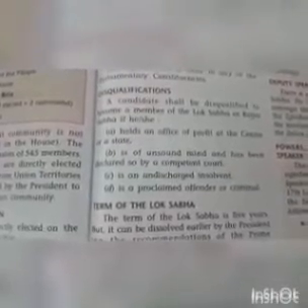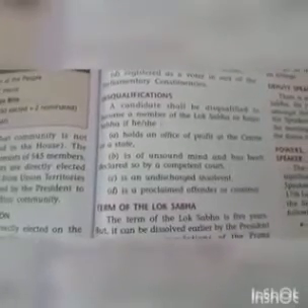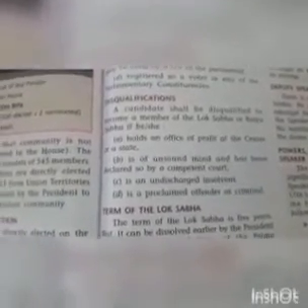And if he or she is a proclaimed offender or criminal, right? So these are the circumstances under which the candidate can be disqualified to become a member of Lok Sabha or Rajya Sabha. We can say these are the conditions under which a person can be disqualified, right?